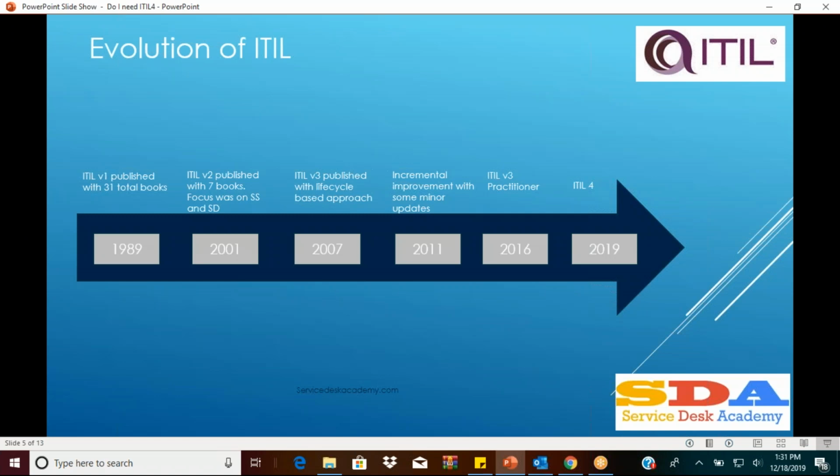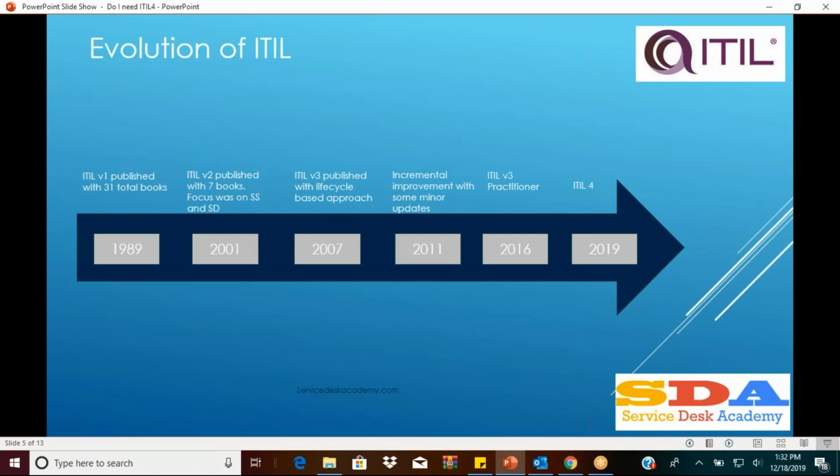So at that point of time, two bodies, OGC, Office of Government Commerce, and CCTA, Central Computers Telecommunications Agency, approached the best companies of that time, like HP, IBM, Capgemini, CA, and so on. And they consolidated the best practices that these companies were using or implementing in their organizations.